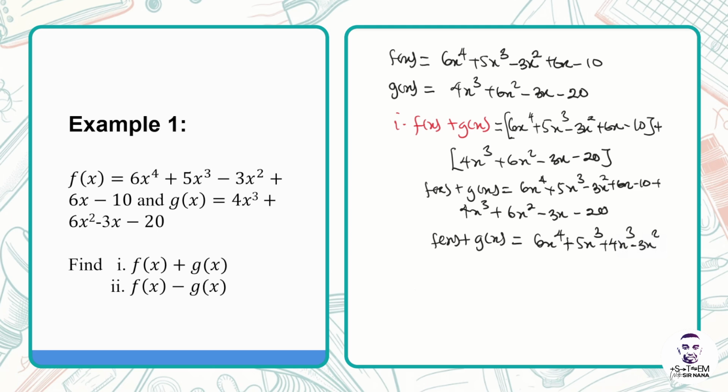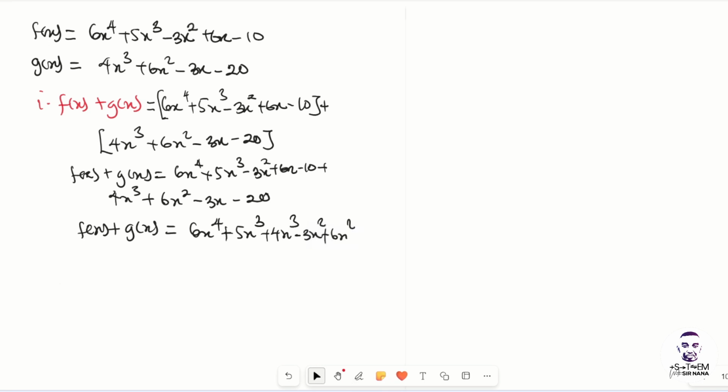And that also goes with plus 6x squared. So plus 6x squared. And then we have plus 6x, right, minus 3x. And then we have the constant minus 10 minus 20. So now it means that our f of x plus our g of x will be equal to 6x raised to the power 4. 5 plus 4 gives us 9.